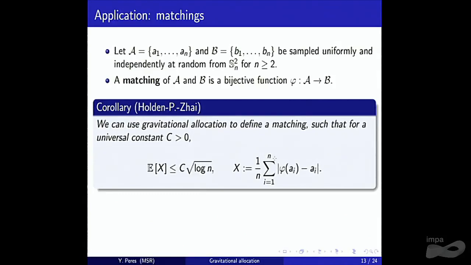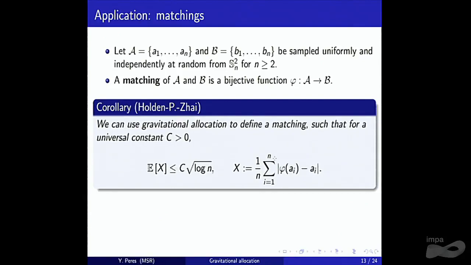So what we're going to use it for is to get a matching between red and blue points. We'll have n red points and n blue points uniform on our manifold, so on our sphere. And we're going to look for a matching with small distance traveled along the matching.